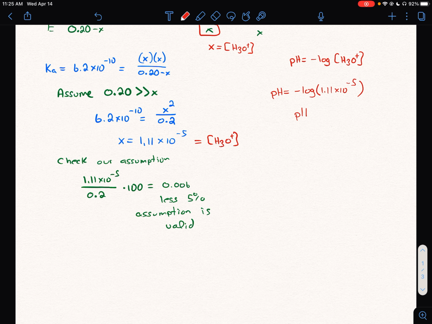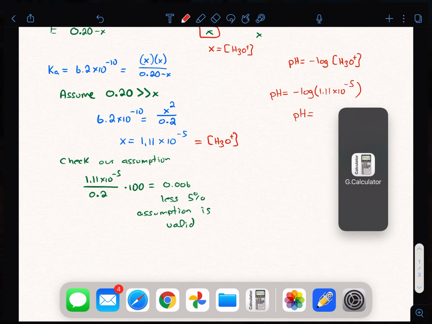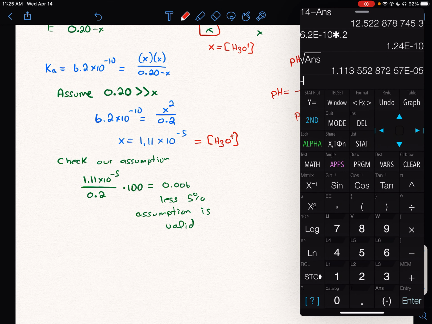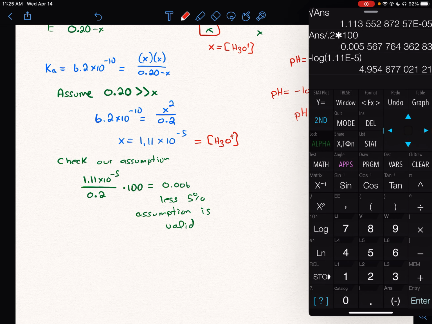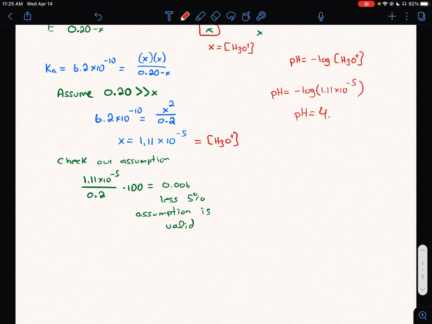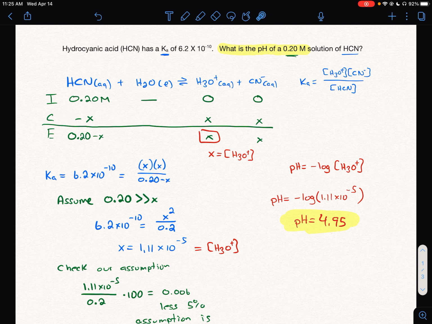And again we can pull up our calculator: negative log of 1.11 E to the negative 5th, close parentheses, pH equals 4.95. Which hopefully should make sense. We started with a weak acid, HCN, and our solution is indeed acidic.